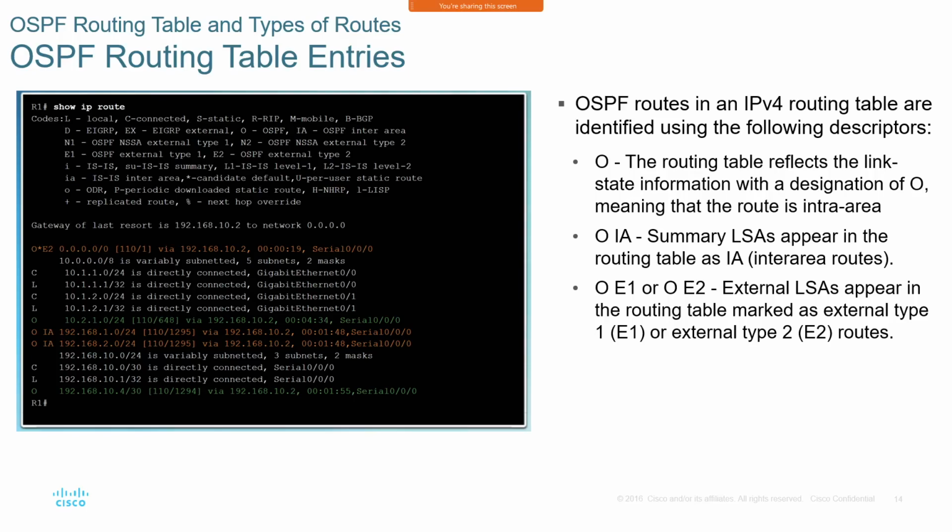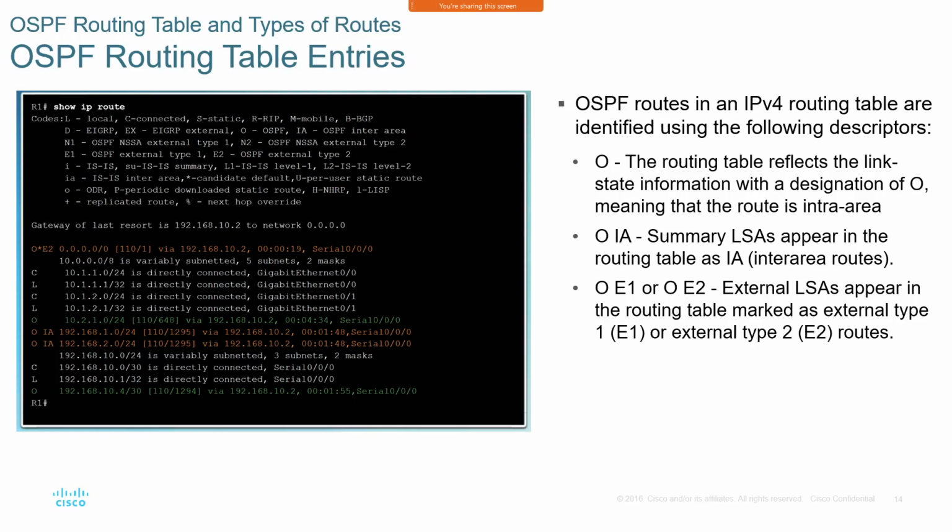We do have OE1 and OE2. And oh my God, what is the difference? I will tell you what the difference is. By default, all the routes that are coming from outside, all the external routes, are external type 2. What that means is the metric to the ASBR doesn't matter, it doesn't go into the calculation.